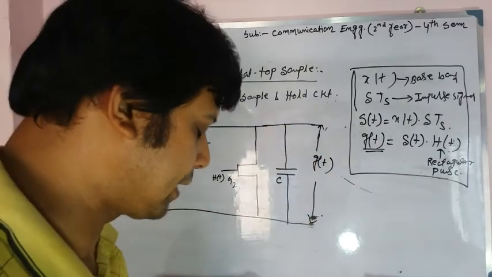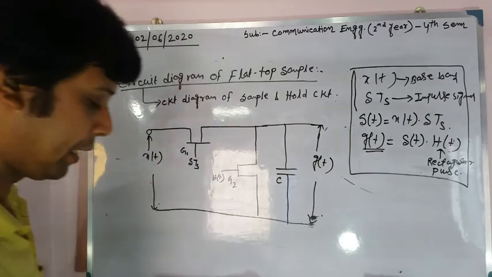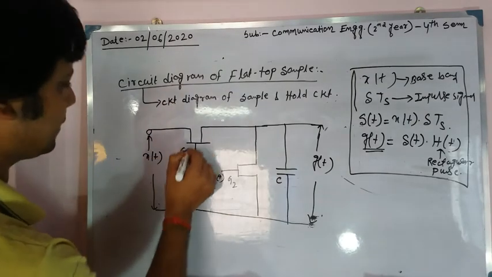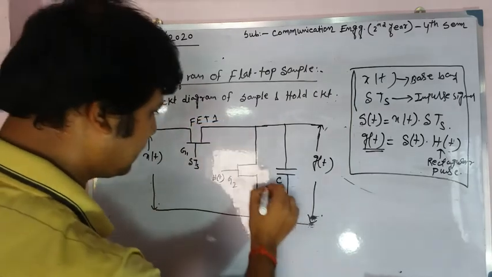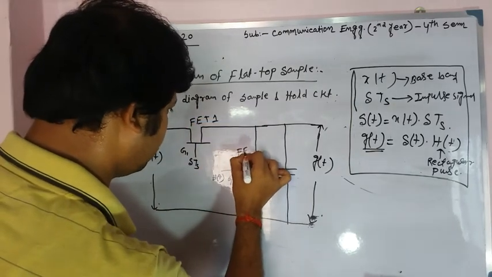This is the circuit diagram of the sample and hold circuit. Here two FETs are used: this is FET 1 and this is FET 2.